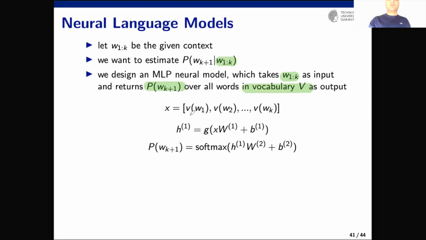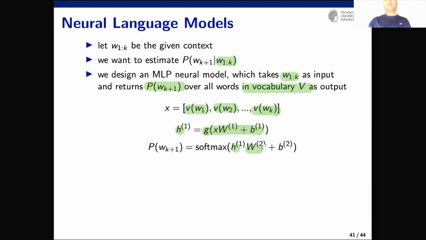So X would be the vector representation of each word in the context. So vector representation of the first word, vector representation of the second word, until the last word. So X is the matrix representation of the context. We give it to a hidden layer or the feed-forward neural model, and we use G as a nonlinear activation function, and we get H1, and then we use H1 as the input to the next layer.